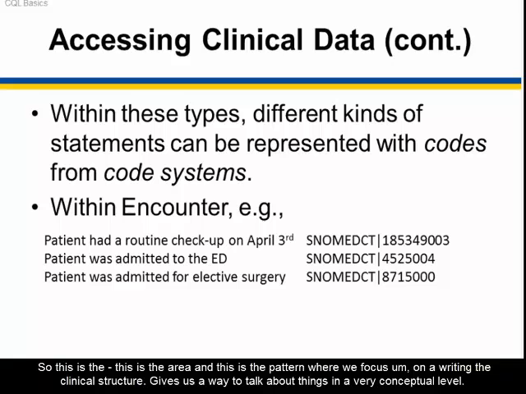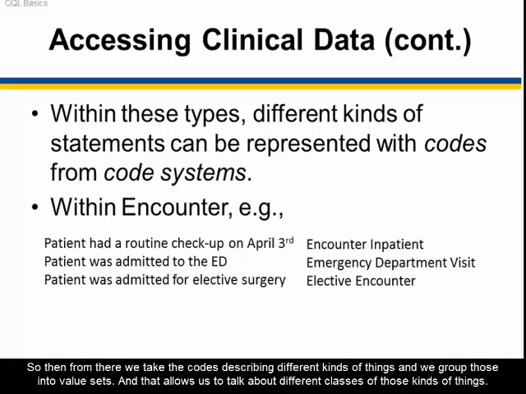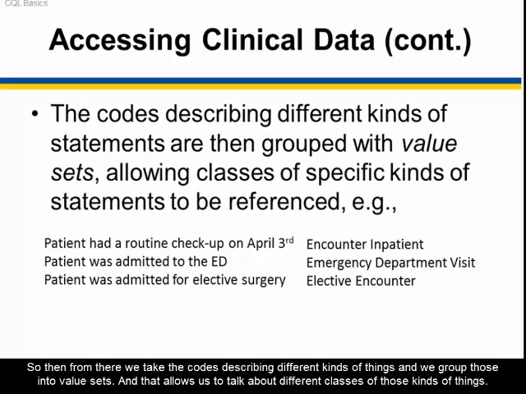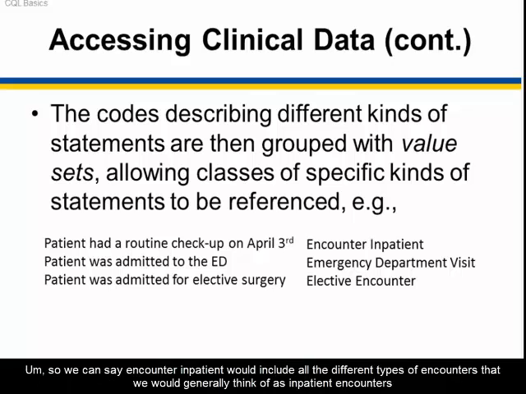So this is the area, and this is the pattern where we focus on writing the clinical structures. It gives us a way to talk about things at a very conceptual level. So then from there, we take the codes describing different kinds of things, and we group those into value sets. And that allows us to talk about different classes of those kinds of things.